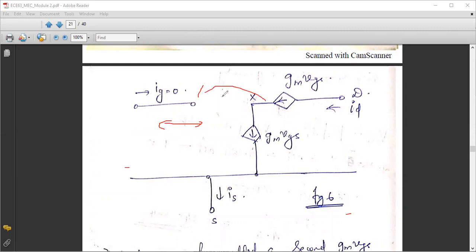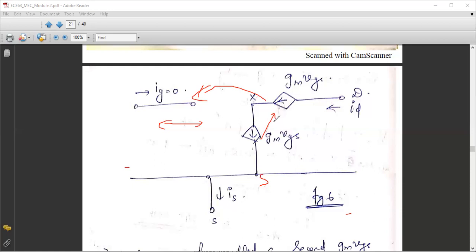Current is not branching here. Whatever current comes from drain to X is coming towards the source also. So from D to X, I am showing the same current source gm times vgs. The same replica I have inserted here also, because these two are series arms.